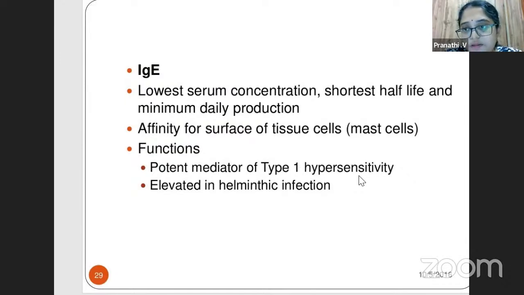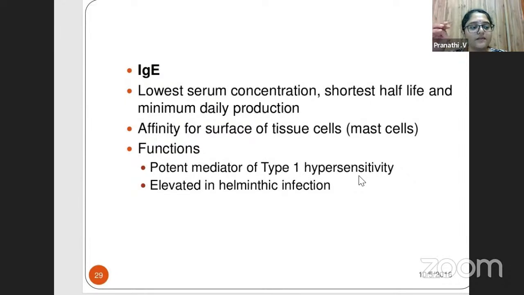There are a lot of people who have allergy to certain substances, be it pollen grains, or dust, or peanuts. Whenever such exposure happens, IgE binds and mediates the type 1 hypersensitivity. Now, whenever there is hypersensitivity, the mast cells are going to be triggered.